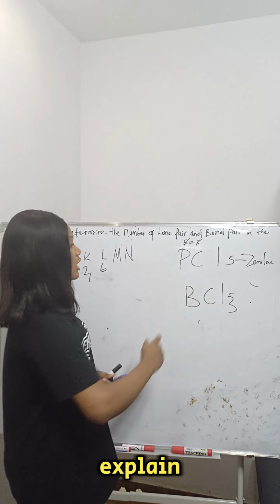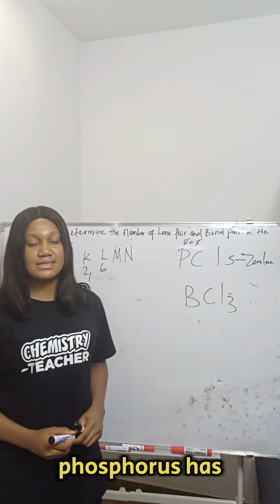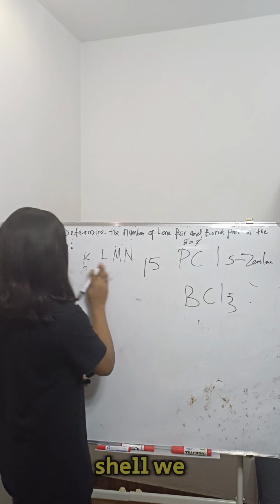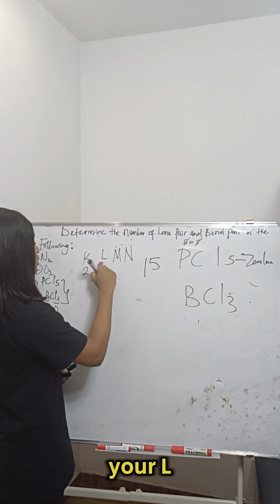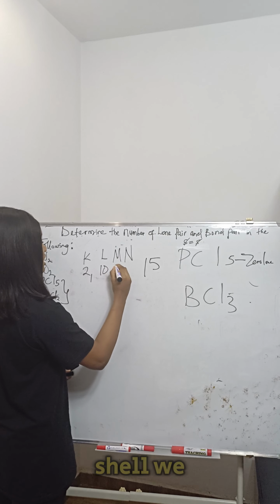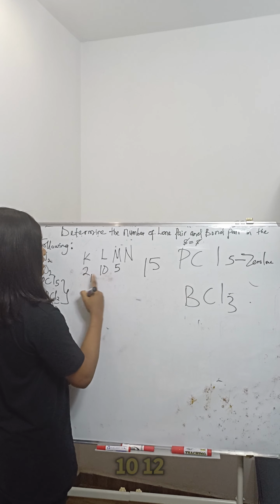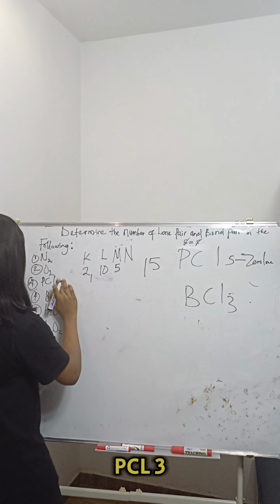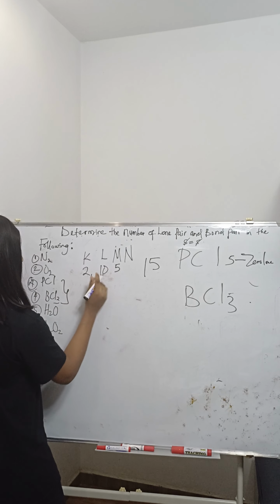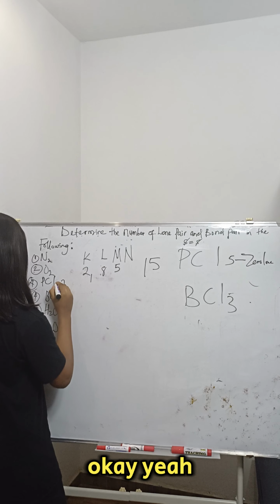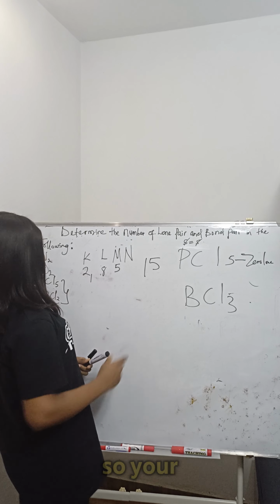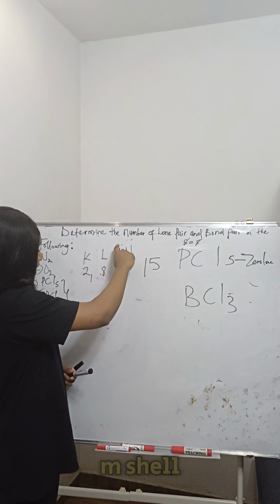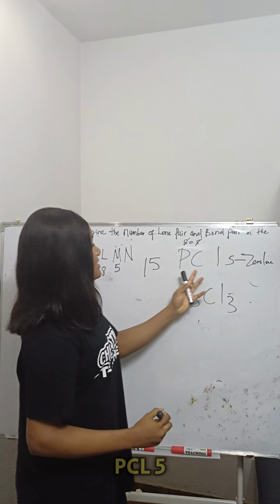Let me explain. Phosphorus has atomic number 15. Your K shell, we have 2. Your L shell, we have 8. Your M shell, we have 5. Sorry, this is PCl5.